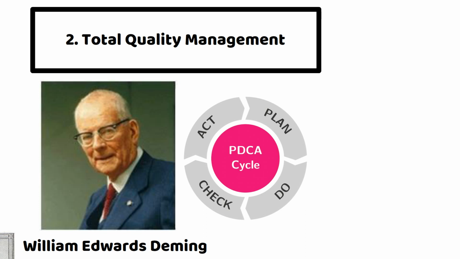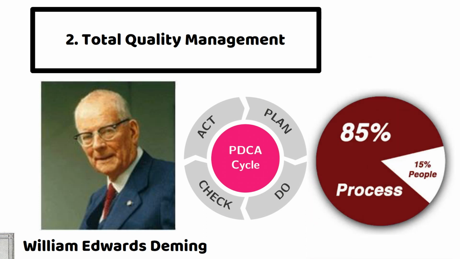Deming also proposed a rule called Deming's 85-15 rule, which says that when things go wrong, there is roughly an 85% chance the system is at fault, and that means 85% of the failures are process-related. And only about 15% of the time, the employee is at fault.